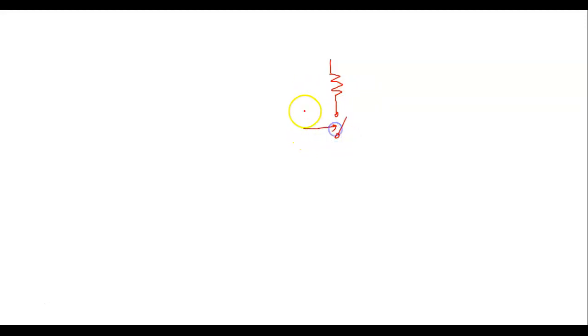Here's the base. The base is controlling the switch. Here's the emitter. And up here's the collector. So when we saturate it, we close the switch.